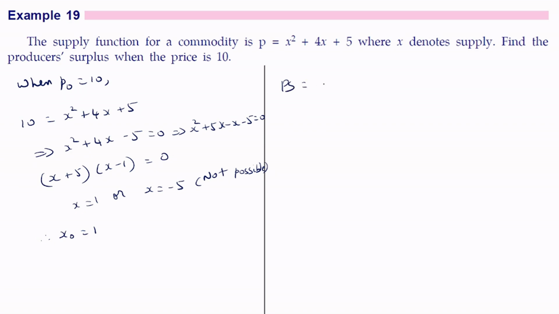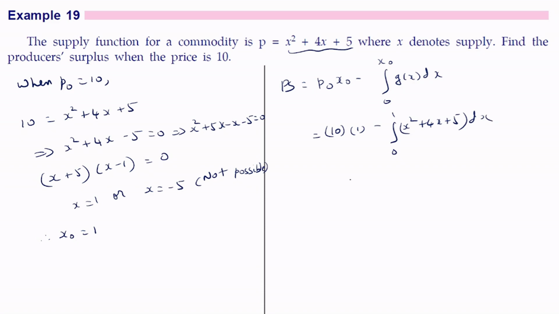The producer surplus is given by P naught x naught minus the integral from 0 to x naught of the supply curve dx. So here P naught is 10, x naught is 1, minus the integral from 0 to 1 of the supply curve, x square plus 4x plus 5, dx. So this is 10 minus [x cube by 3 plus 4x square by 2 plus 5x] with the limits 0 to 1.